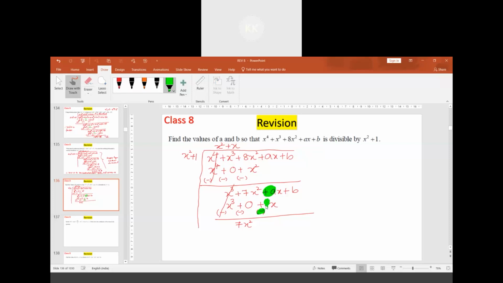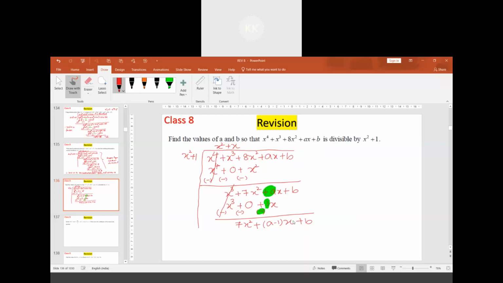If nothing is there, it means that it is 1. So we have to write this as plus a minus 1 into x plus b.